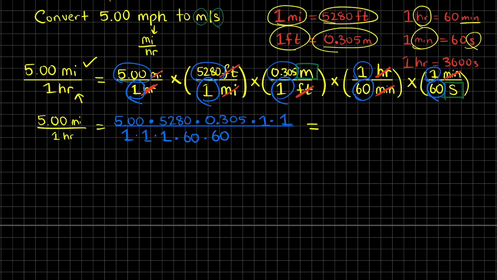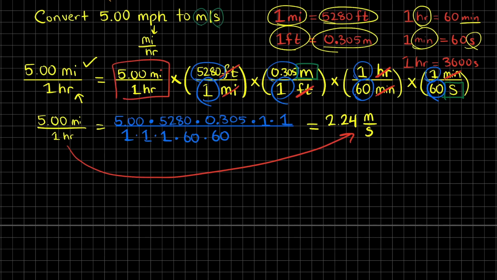And what you're going to get as a final result is 2.24 meters per second. We write it in this fashion. I sort of forgot to mention in the previous example, but we write it in this fashion because now I can say 5 miles per hour is equivalent to 2.24 meters per second. So the whole idea behind what we're doing here is that we took the original value, 5 miles per hour, and we multiplied it by 1.